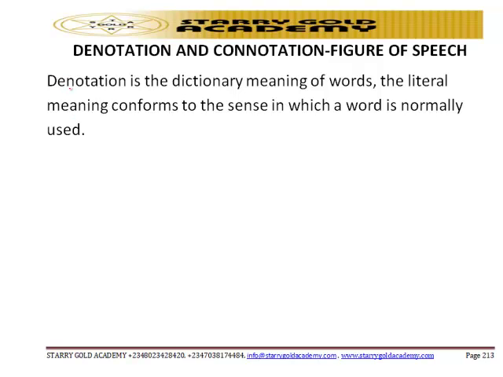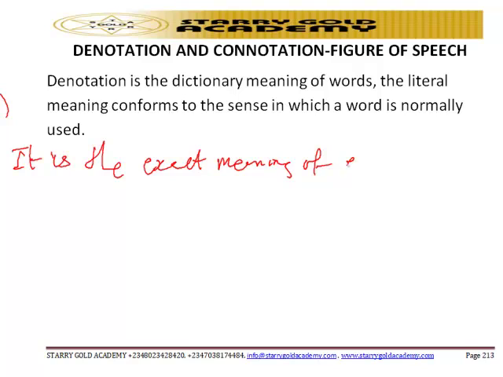The literary meaning of a word is equally called denotative meaning. It is a neutral or ordinary meaning as contained in the dictionary. It is the exact meaning of each word in the dictionary.